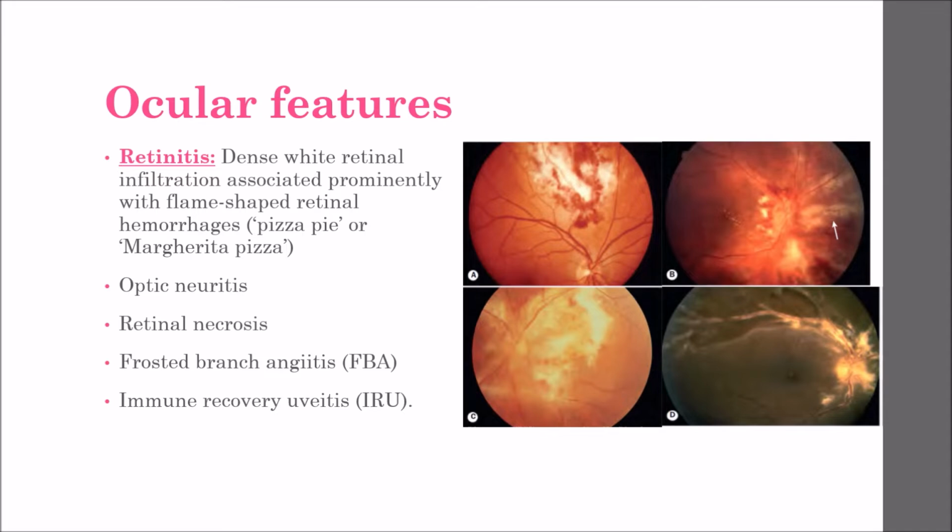Peripheral areas tend to appear granular with fewer, rounder hemorrhages and little vasculitis. Indolent, more peripheral and less aggressive, as shown here in this picture.